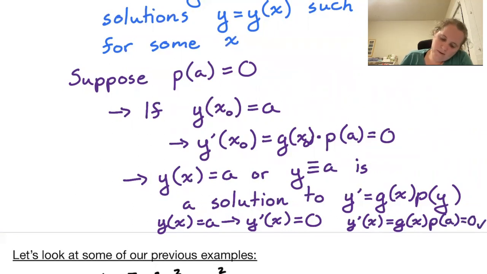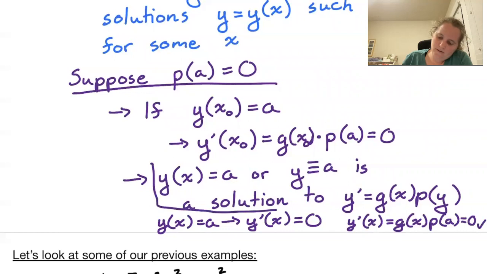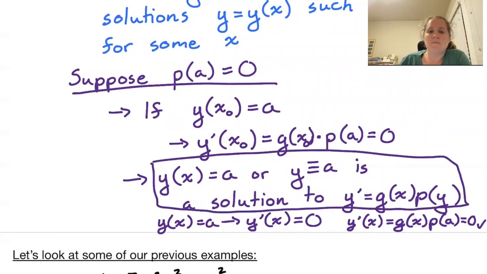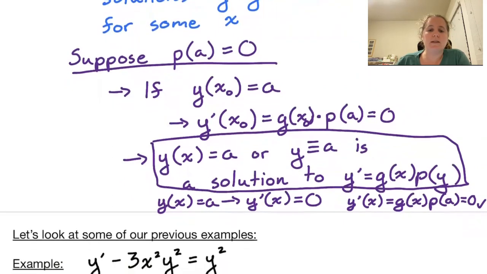So the key thing here is if p of a equals 0, then the constant function is also a solution. So we've been ignoring this when solving separable equations so far. So let's just go ahead and throw our constant solutions in.